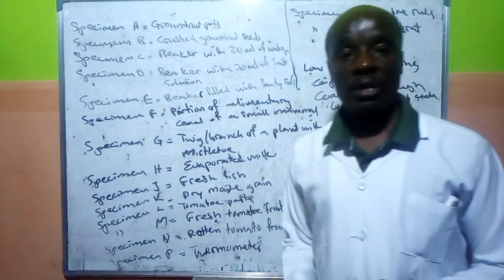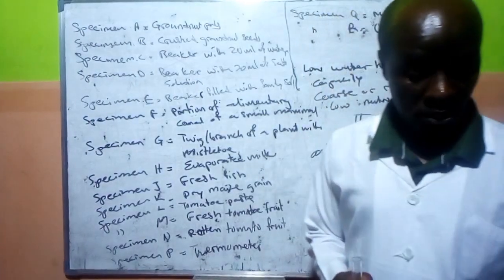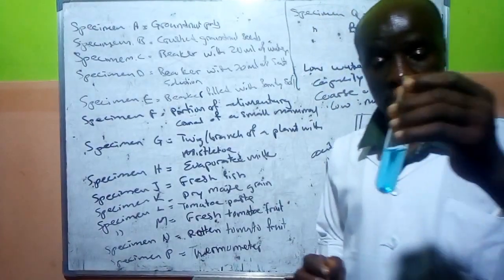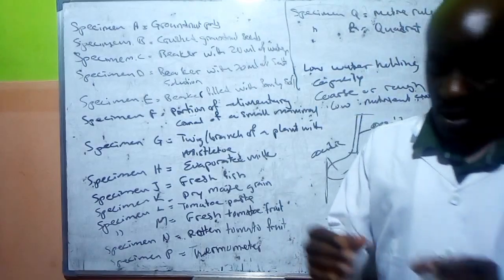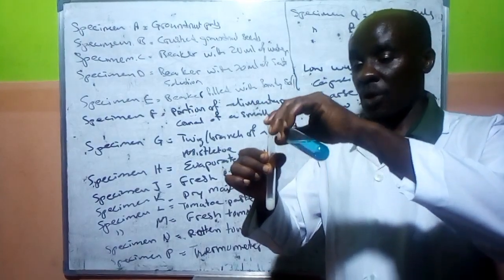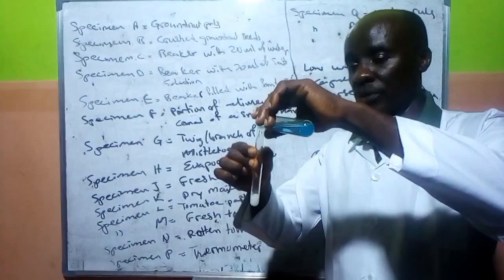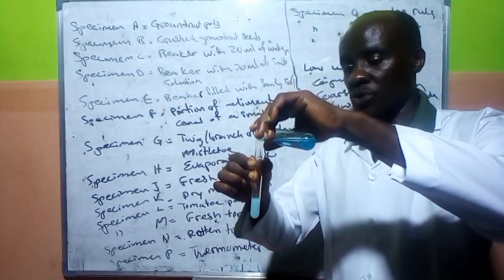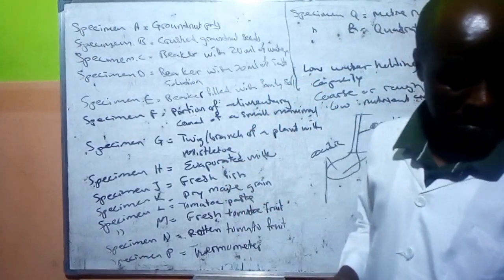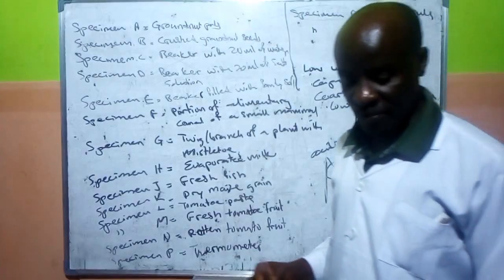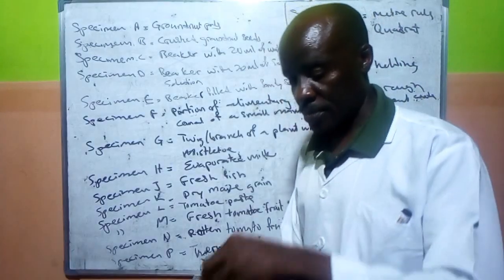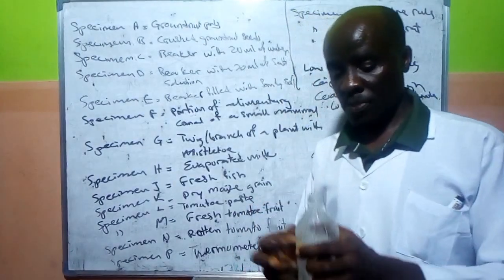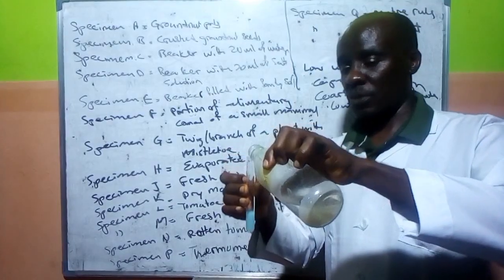So we're going to be testing for protein in milk. One of the things you use is copper sulfate solution, which will be made available. I add copper sulfate solution into this milk. We also have sodium hydroxide, which will be made available to you on the exam day. So we add sodium hydroxide too.